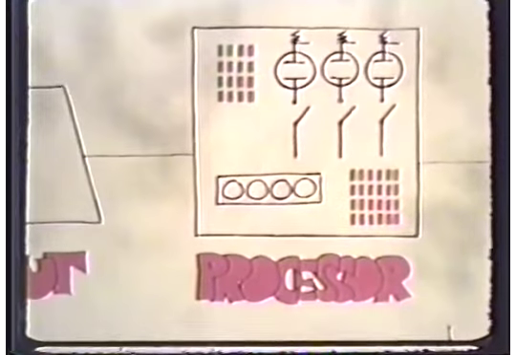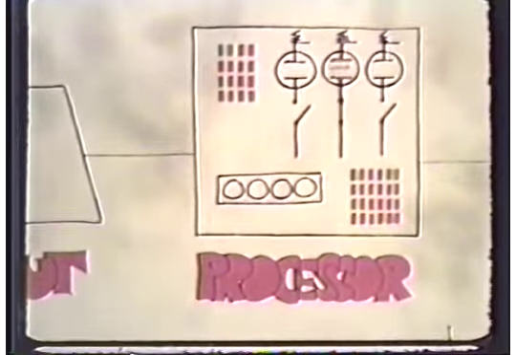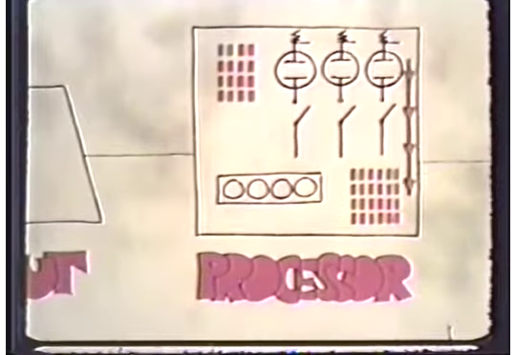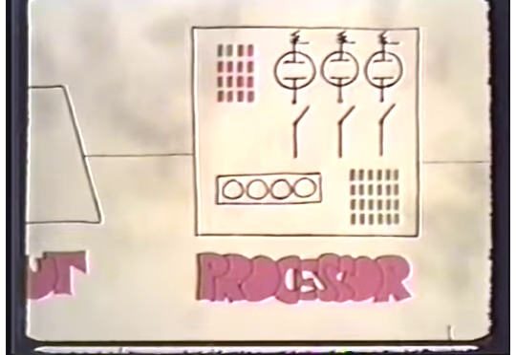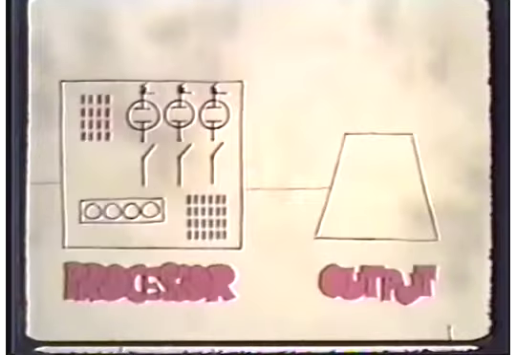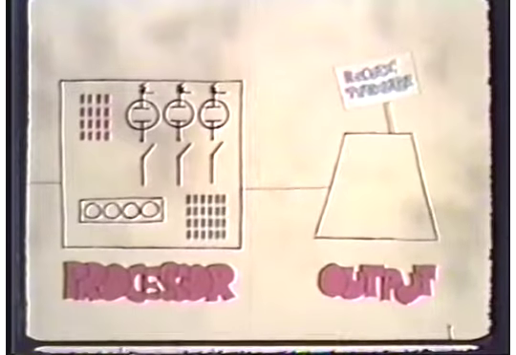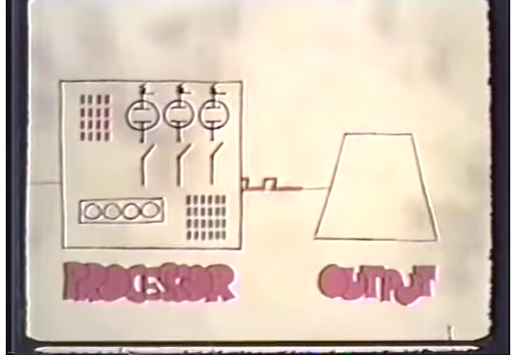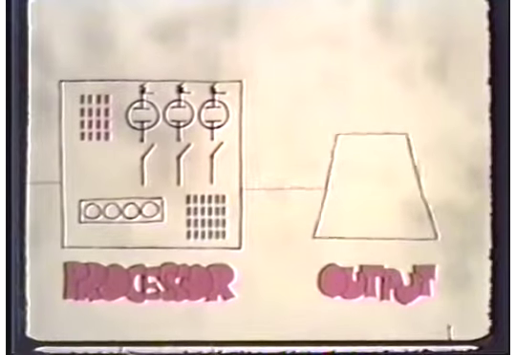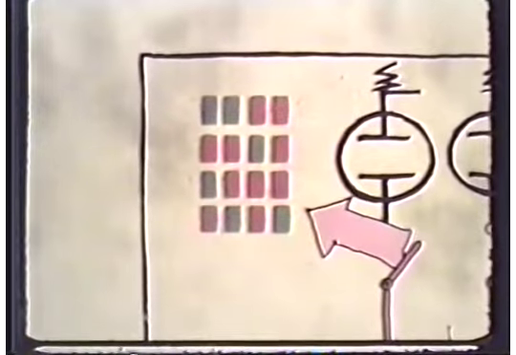A pulse will release the program and the numbers are calculated. When the calculation is finished, the result goes to an electric typewriter and the answer printed out. The input data has been used up, but the program remains to be used as often as required.